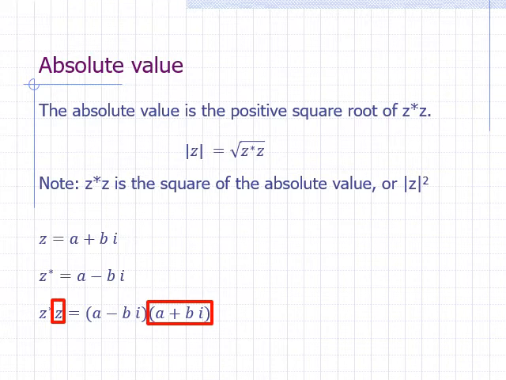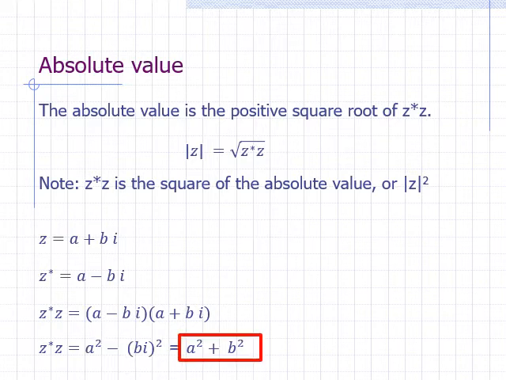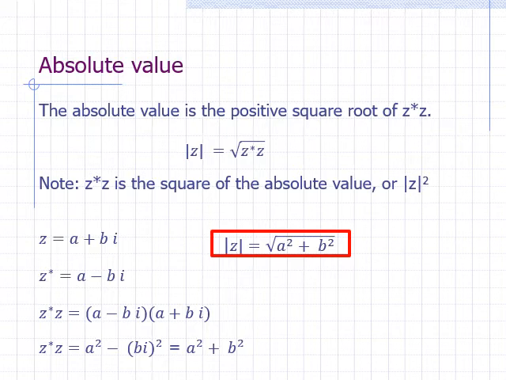So, a minus bi times a plus bi is equal to a squared minus bi squared. Since i squared is negative 1, this expression simplifies to a squared plus b squared. Therefore, the absolute value of z is the square root of the sum of a squared and b squared.